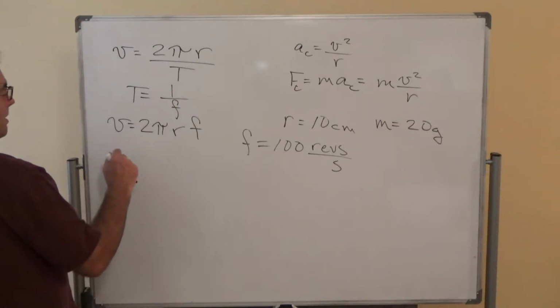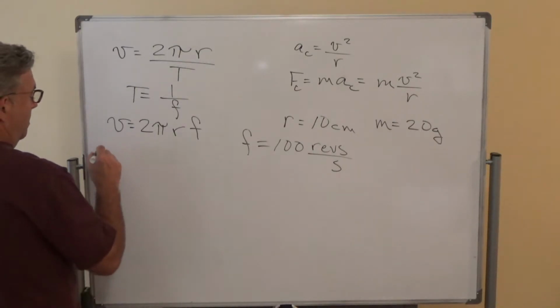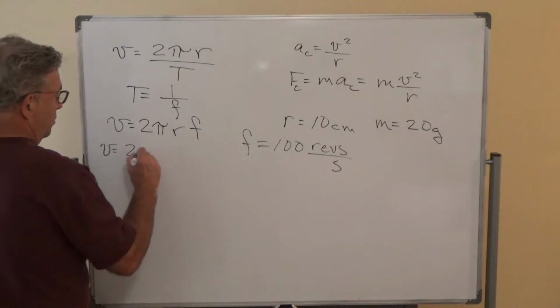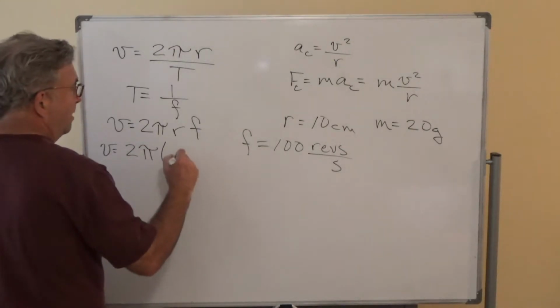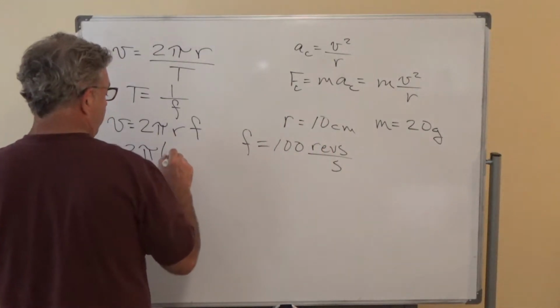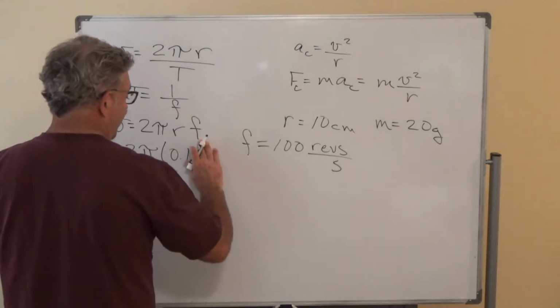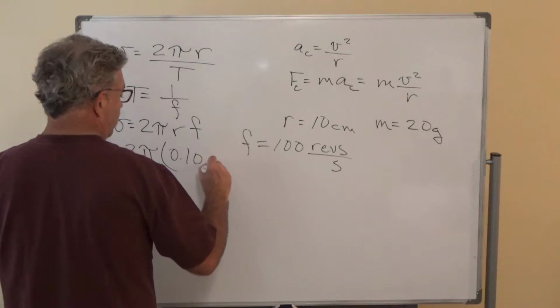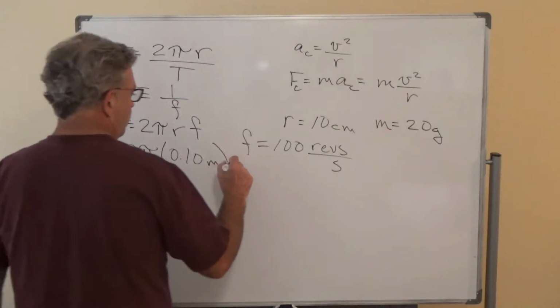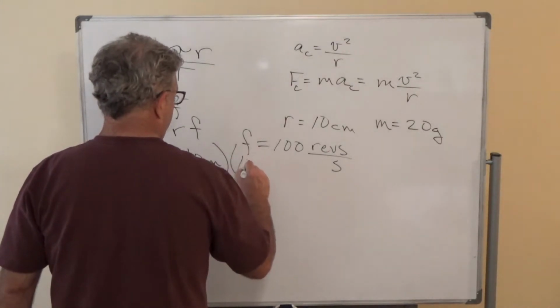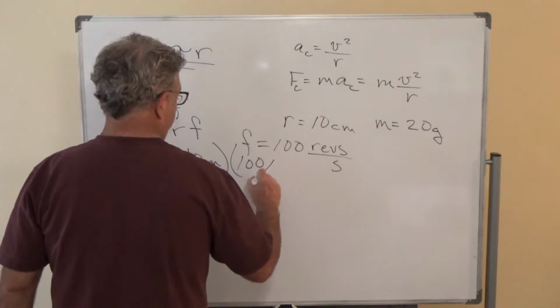Okay, so let's calculate V. So V is equal to 2 pi times R. R is 10 centimeters, so that's 0.10 meters. That has to be in meters. And F is equal to, so I made this calculation pretty easy, 100 per second.